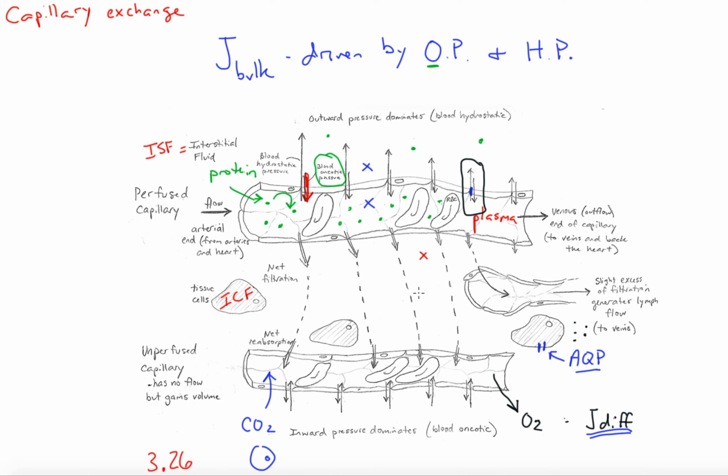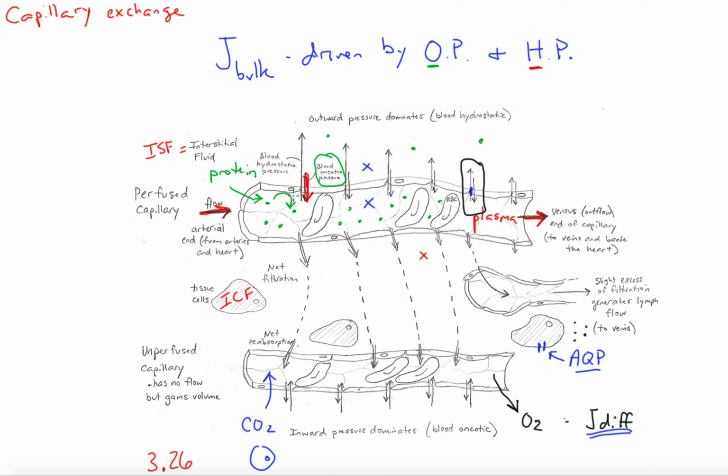The reason that's not what happens is that we have also a hydrostatic pressure. And the hydrostatic pressure is simply what we refer to as our blood pressure. There's pressure in our blood vessels that pushes the blood along those pathways. And so it tends to not only push fluid flow along the vessel, down the pipe, and out the other side, but it also tends to push on the walls.